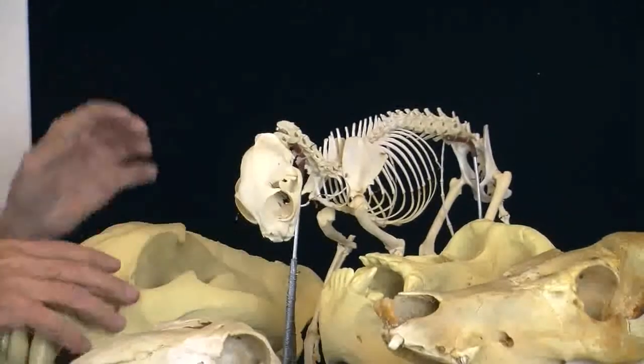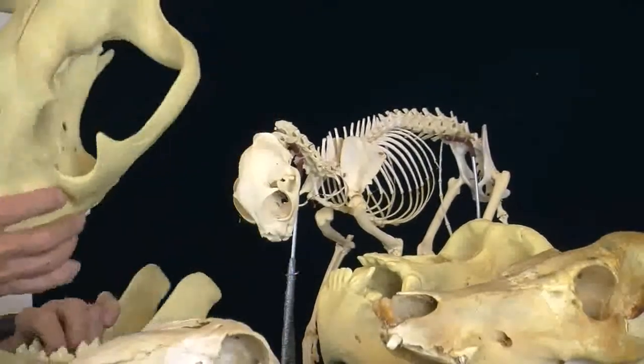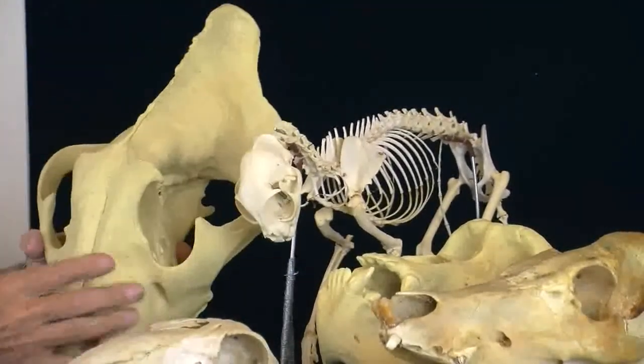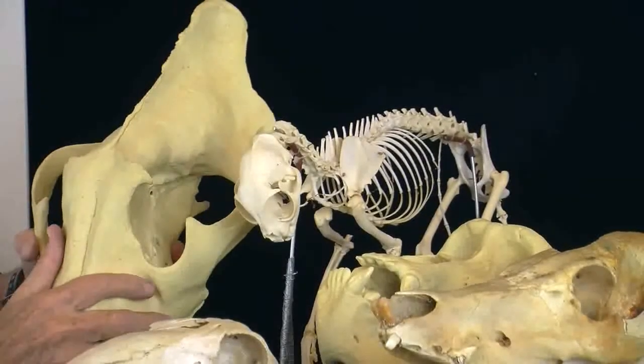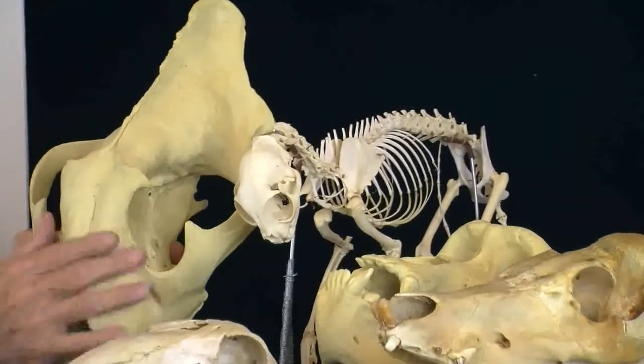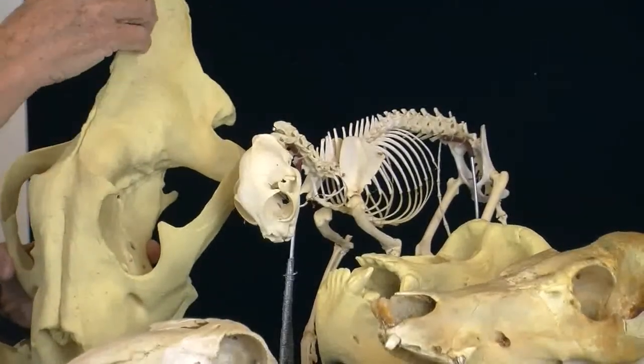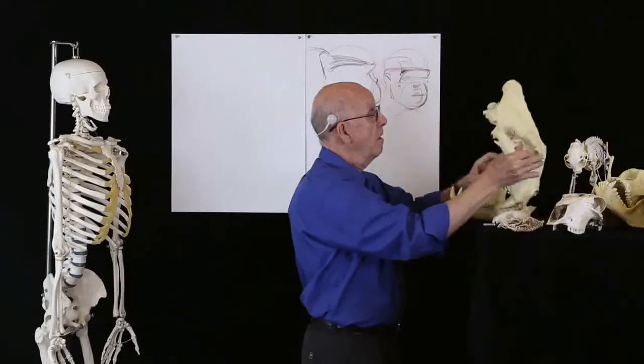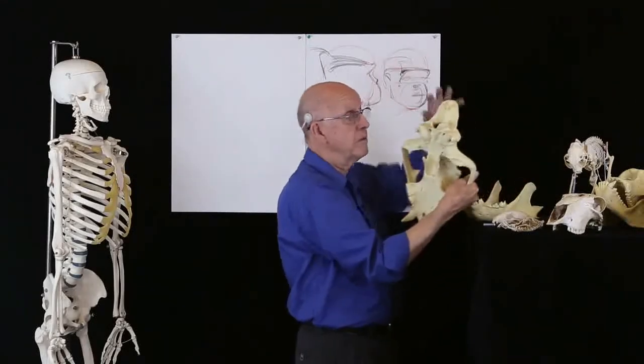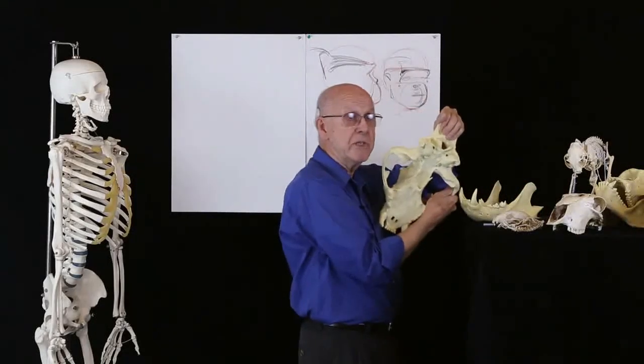Very smooth, but this is the same thing that's going on here. Now, if you compare that with this tiger, they're really the same thing, just cats. But you notice that this is like in the gorilla. This is a raised section here. Okay, same thing here now. This is just a connection.